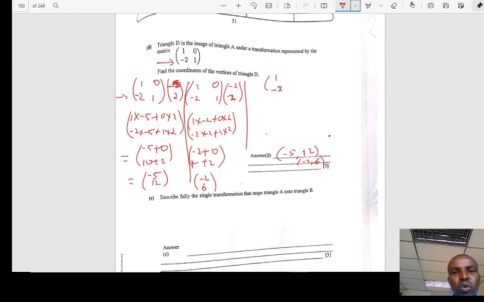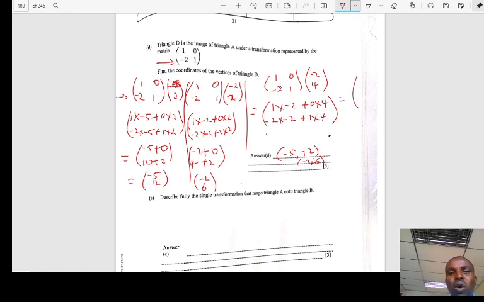Then the last one, same matrix, 1 minus 2, 0, 1. You apply this matrix to all the points. The last point is minus 2, 4. It will be 1 times minus 2 plus 0 times 4, then minus 2 times minus 2 plus 1 times 4.